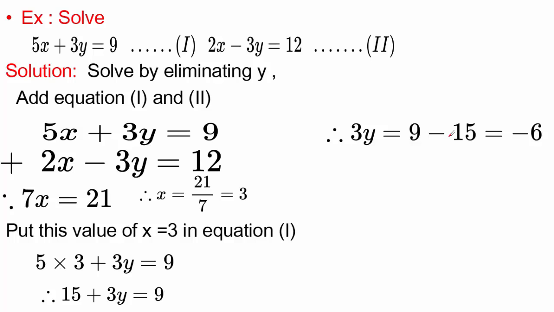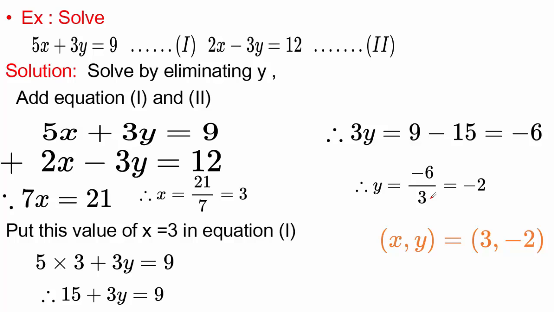And 9 minus 15 is nothing but minus 6. Therefore, 3y equal to minus 6, and hence y equal to minus 6 divided by 3, which is nothing but minus 2. Hence, (x, y) equal to (3, minus 2) is the solution of the system of equations.